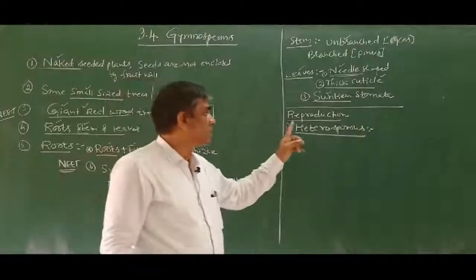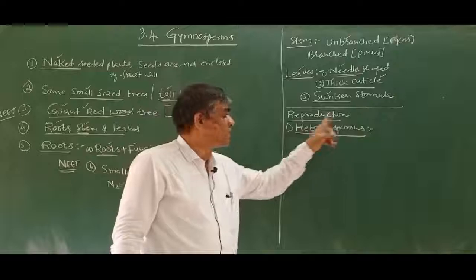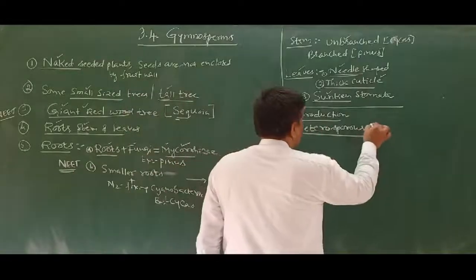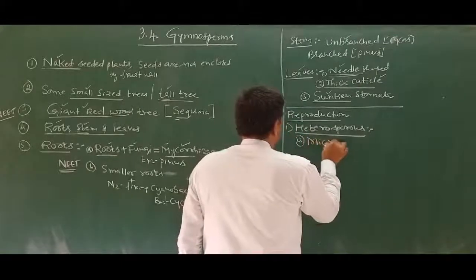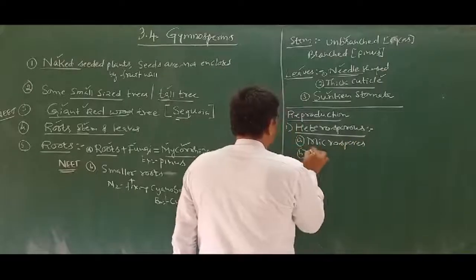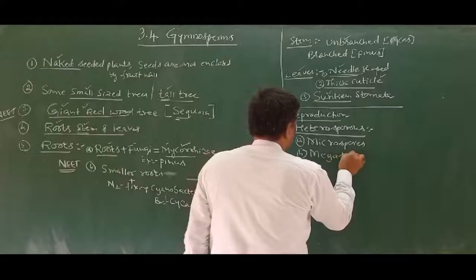It shows the ability to adjust to environmental conditions when the plant is able to produce different kinds of spores. Heterosporous means they produce two different types of spores. One is called microspores, and another one is called macrospores or megaspores.